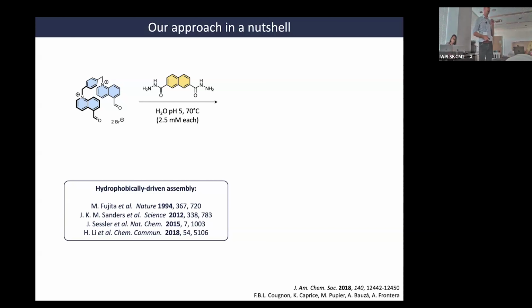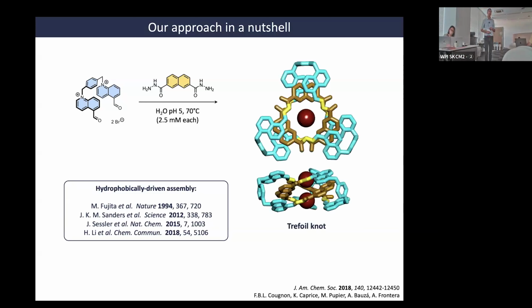But in many cases, the reaction is finished much earlier than this. And then what happens is that the two components start to react together, they oligomerize, and then at some point, because they are so hydrophobic, and as they oligomerize the hydrophobic surface in contact with water becomes very big, they tend to wrap around themselves, and what we form in this case is a trefoil knot.